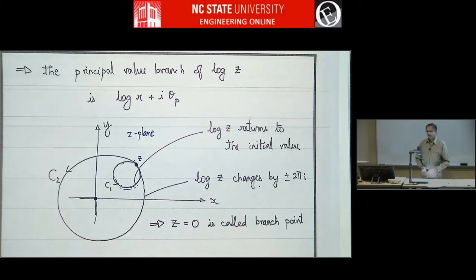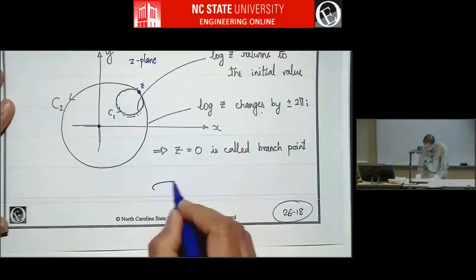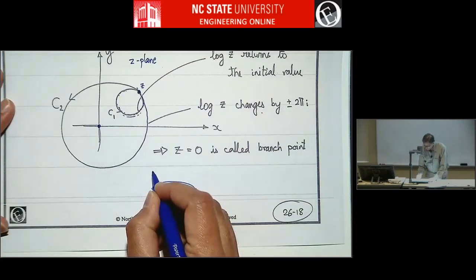Does that remind you of something in aerodynamics? What's that? Stagnation. There might be a connection to stagnation, but that's not what I'm thinking about. Yeah, circulation, right? So if you take an airfoil, circulation is integral v dot dl.